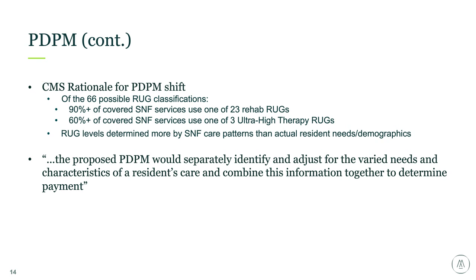And that second point, 60% of covered services, is really where CMS started to engage with the OIG and others to determine: if we're paying out ultra-high therapy RUGs, does the documentation and patient care plan really support the need for this high reimbursement?